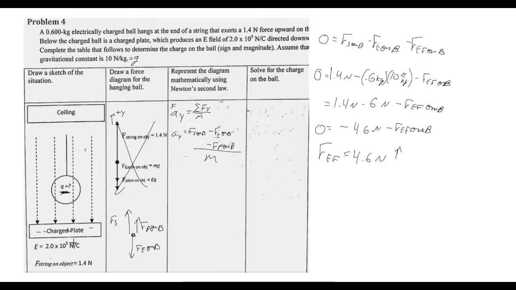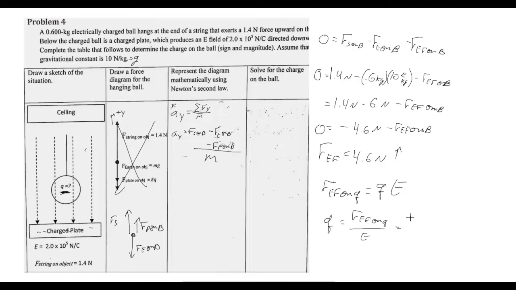We know that the E field strength is 2 times 10 to the 5th newtons per coulomb. We know that force E field on, well, any object on Q is equal to Q times the E field strength. We know the E field strength, so we can solve for Q, which is just force E field on Q over this E field strength.